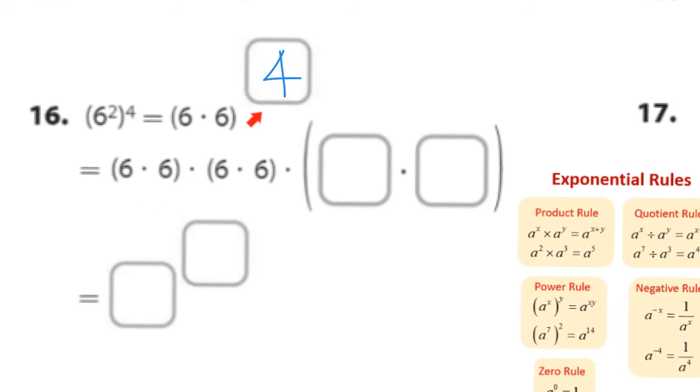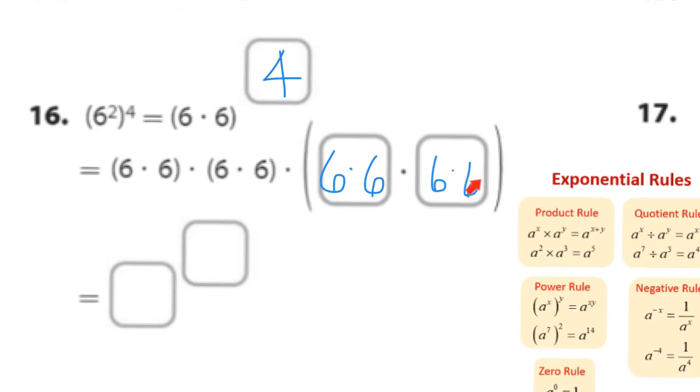And then they come down here and they say, I have 4 groups of 6 times 6. So here's one group, here's a second group, this will be our third group, and this will be our fourth group. I don't think they explain this very well, but that's okay. We will make our way through this. So I got 1, 2, 3, 4, 5, 6, 7, 8.